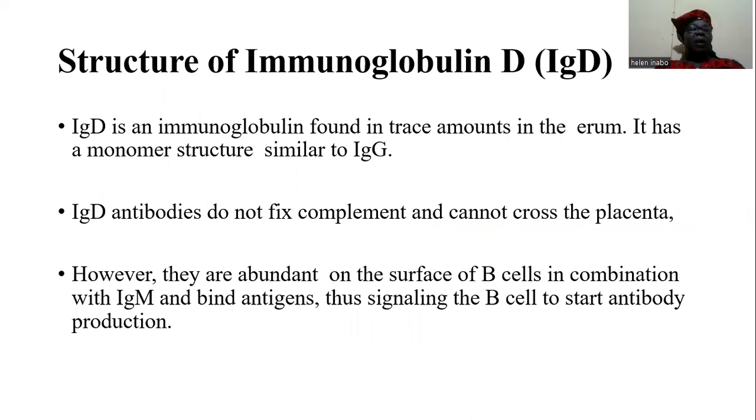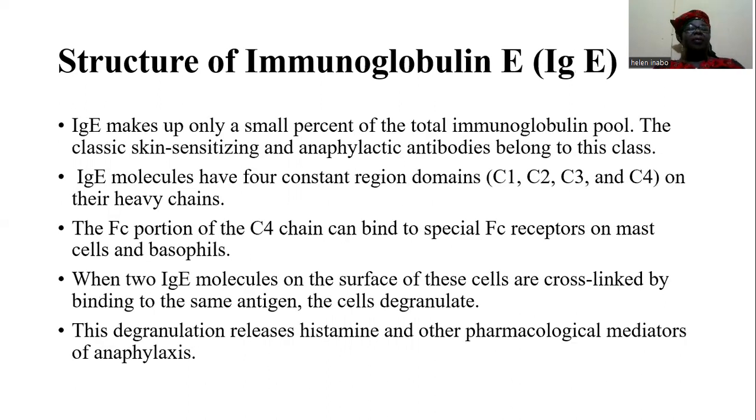IgD antibodies do not fix complement and cannot cross the placenta. However, they are abundant on the surface of B cells in combination with IgM and bind antigens, thus sending signals to B cells to start antibody production.